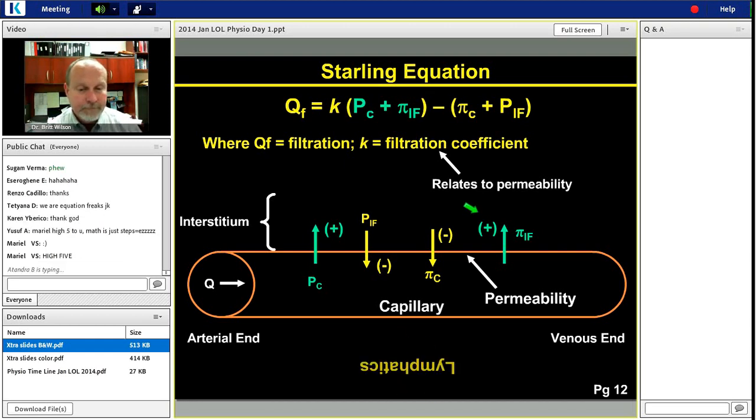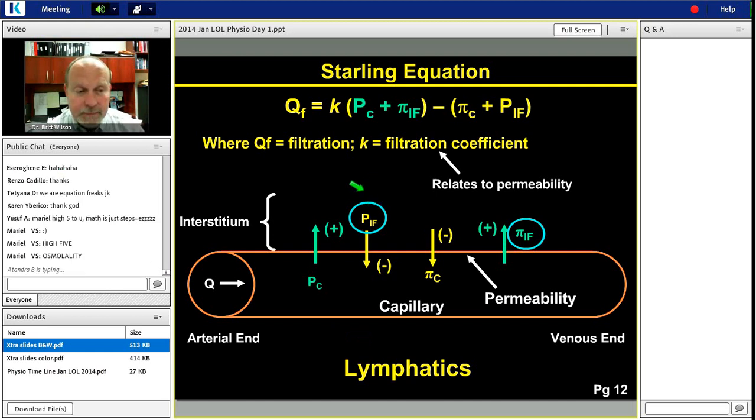Now, an important thing to remember, do not forget the lymphatics. The lymphatics' job, regulate interstitial fluid volume. So they're going to impact hydrostatic pressure and impact the oncotic forces in the interstitium. They will decrease interstitial fluid volume.